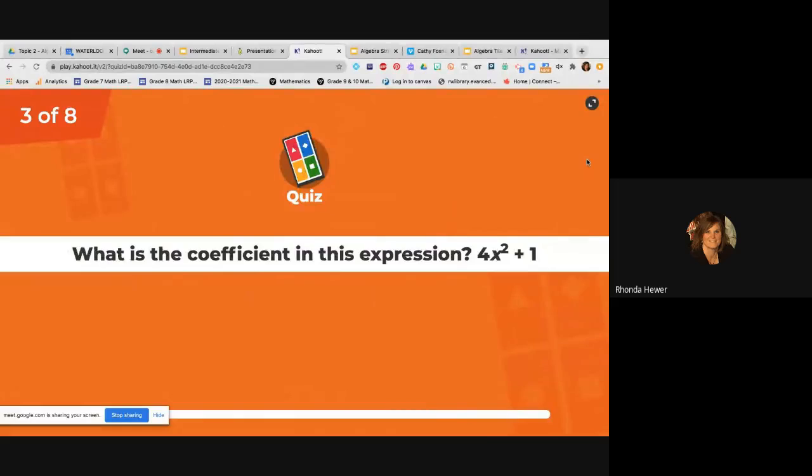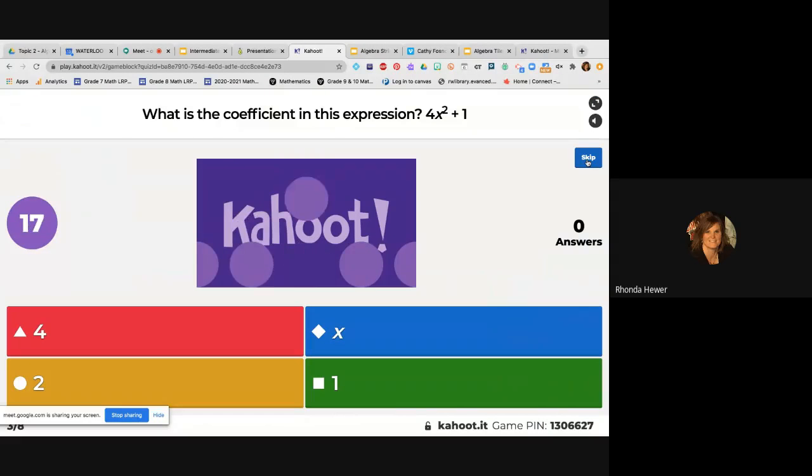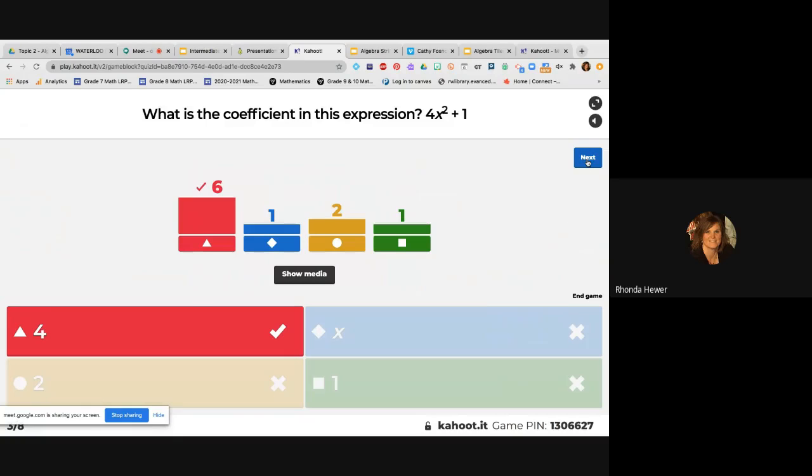Okay, what is the coefficient in this expression? 4x squared plus 1. Which one is the coefficient? Correct. 4 is the coefficient.